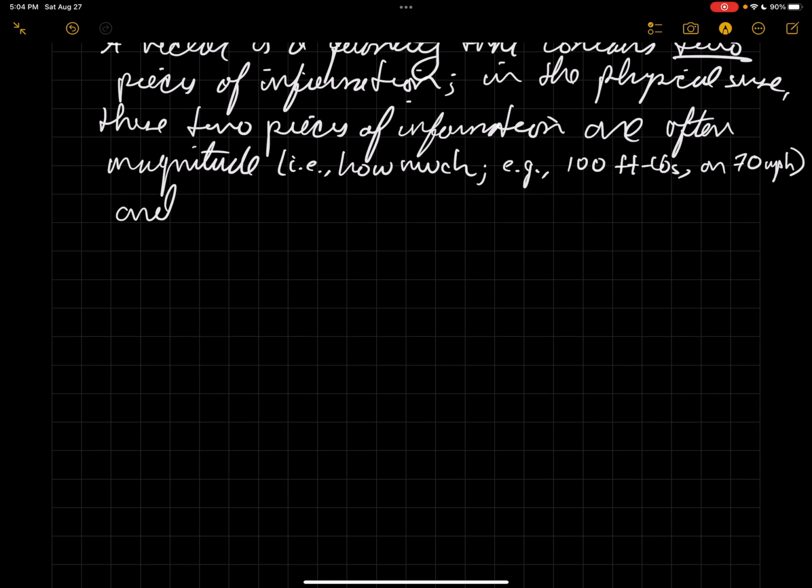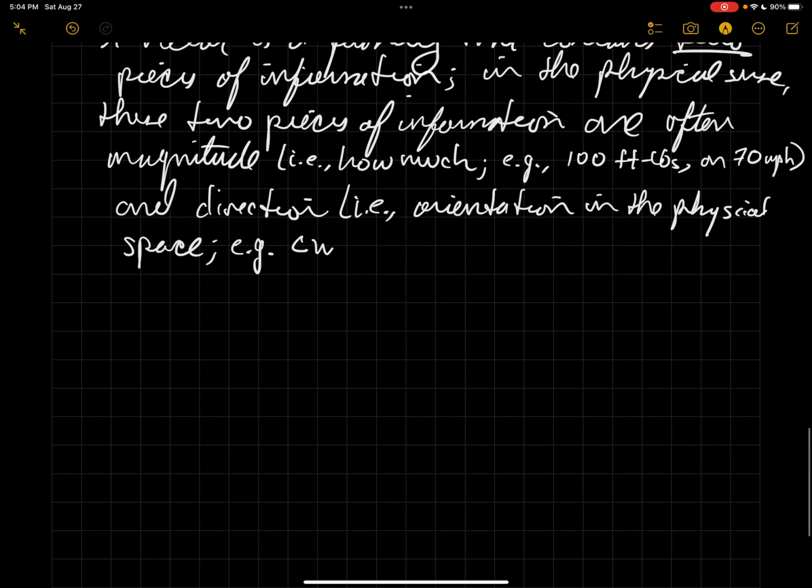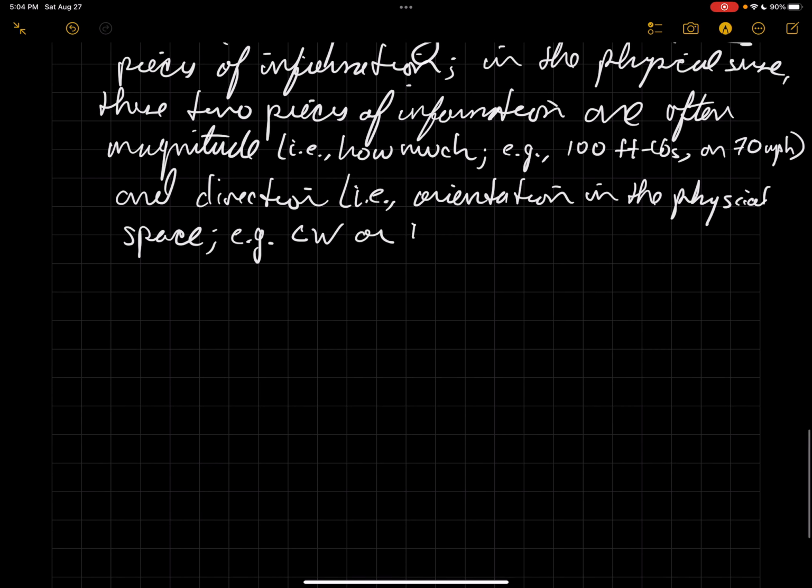And direction. That is the orientation in the physical space, which in our examples were either clockwise for our tightening torque example or east in our vehicle driving example.